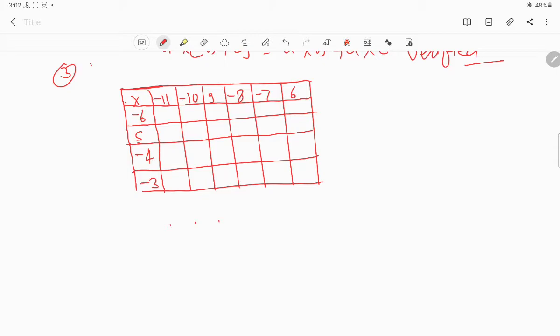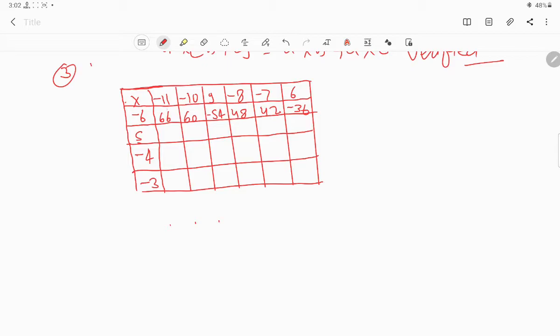Take minus 6 and multiply with minus 11, that is 66. Minus 10 into minus 6 is 60. Minus 9 into minus 6 is 54. Minus 8 and minus 6 is 48. Minus 7 and minus 6 is plus 42. And minus 6 into 6 is minus 36. This way you can complete all.